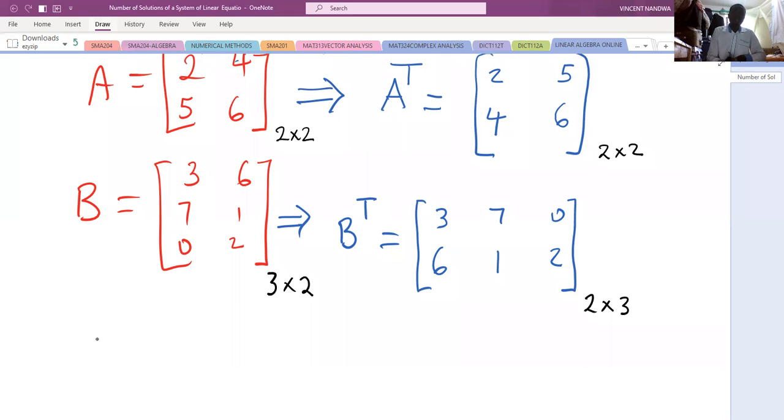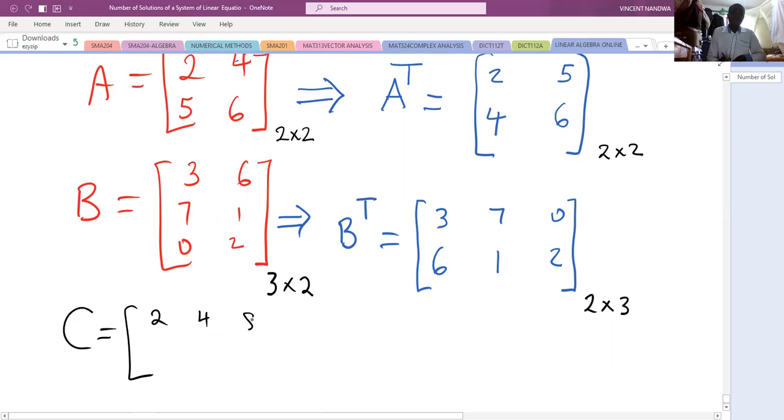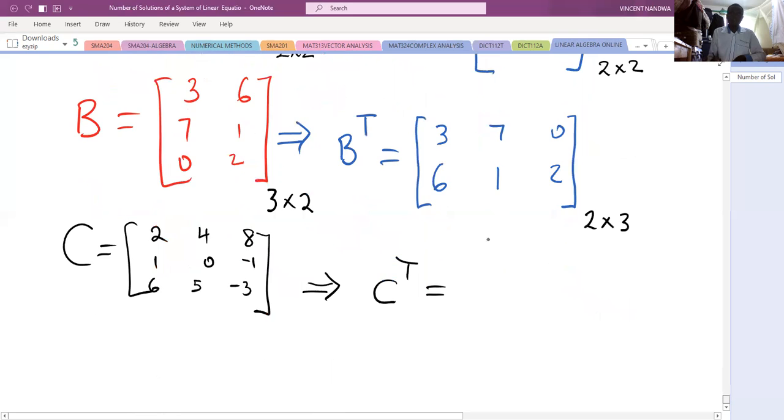If I have C, 2, 4, 8, 1, 0, minus 1, 6, 5, and then minus 3, then C transpose will be, so first row becomes my first column, so 2, 4, 8.